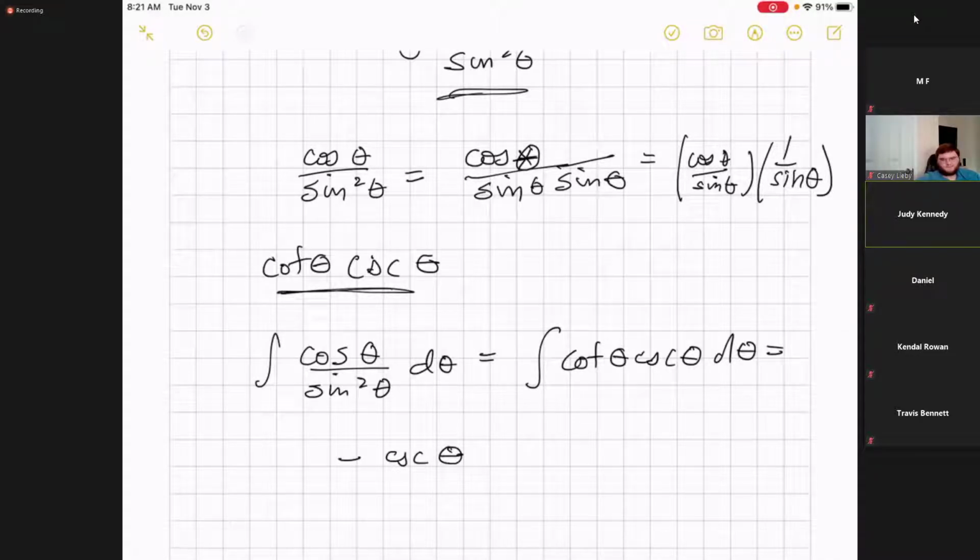So minus cosecant of theta is an antiderivative of this function. The most general antiderivative, or the most general indefinite integral, is that function plus any constant.